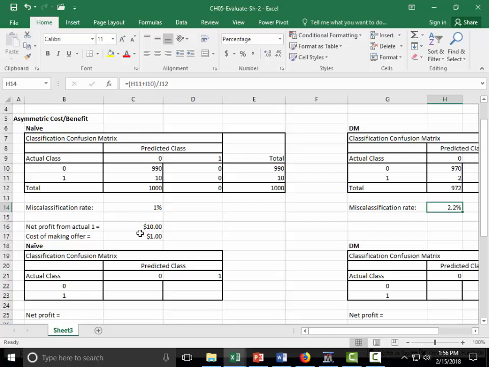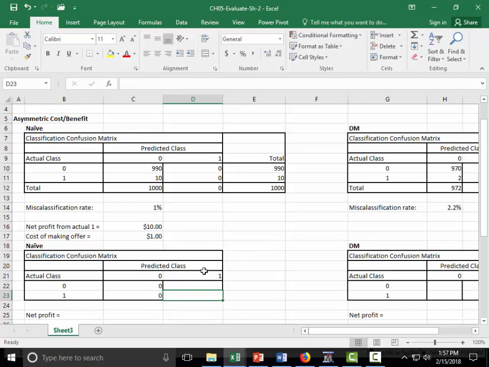But if we have asymmetric cost, that is the net profit from actual ones is $10 and cost of making an offer is $1, which is the example that we saw. If you classify everything as 0, I mean if it is naive, everything is 0, then you're not going to make any profit at all, right?